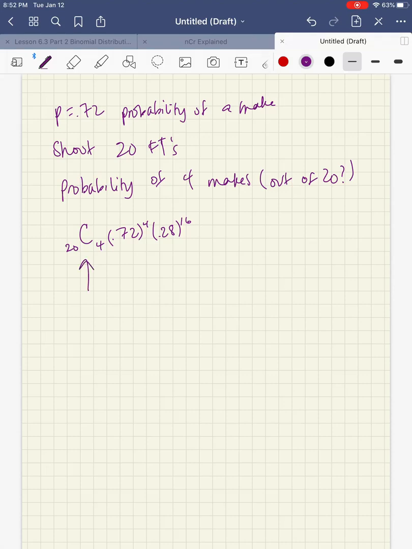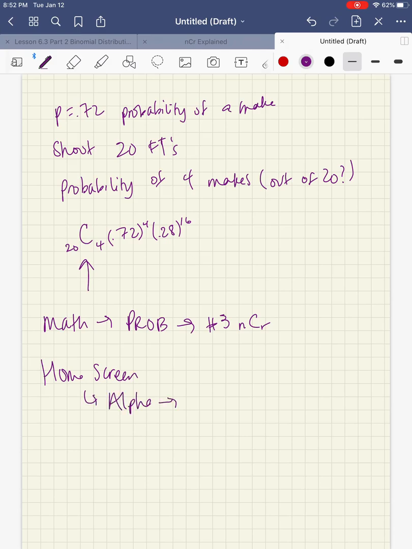To get this in your calculator, you're going to click Math, arrow over to Probability, and then arrow down to, I believe this is option number 3, and it'll say nCr in your calculator, but that's the same thing, okay? You could also do this from the home screen. You click Alpha, and then F2, which is actually the window button, and then it's going to be number 8, nCr, okay?